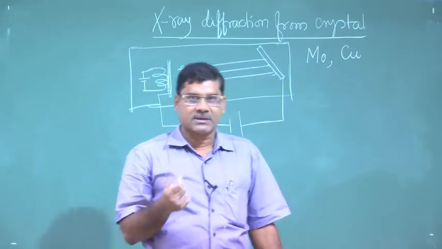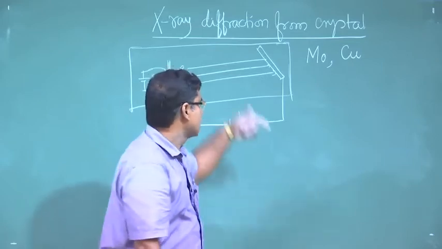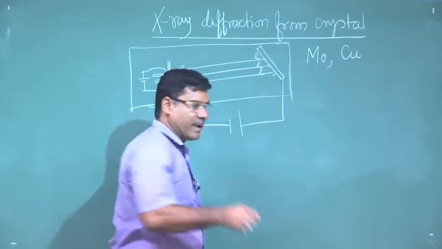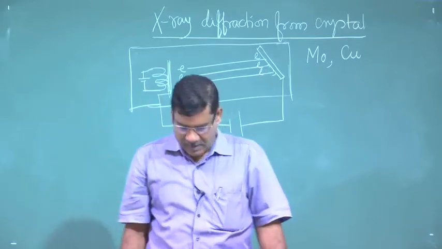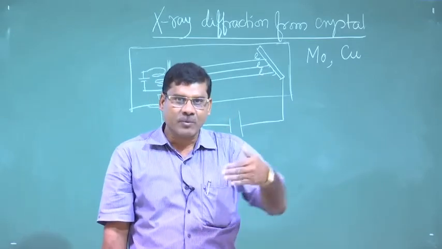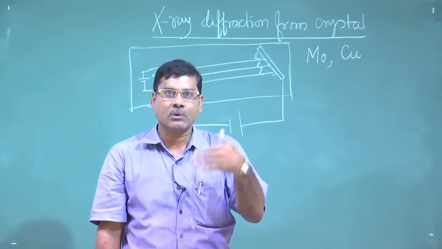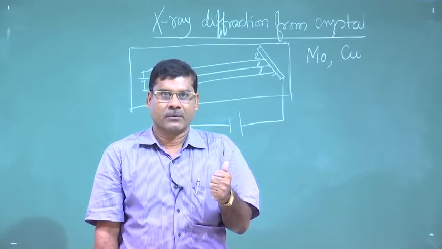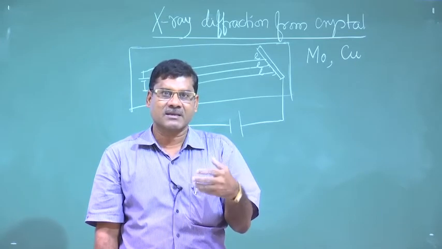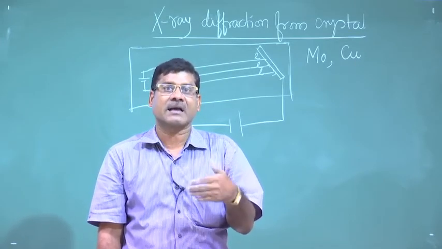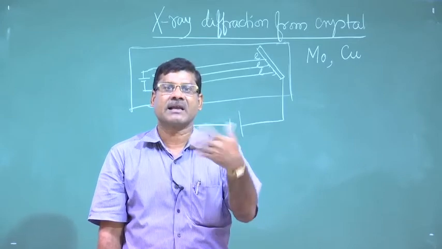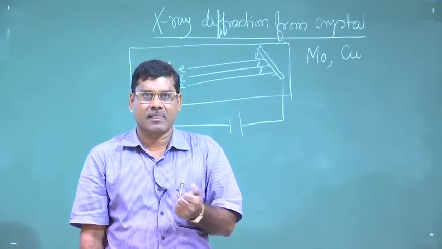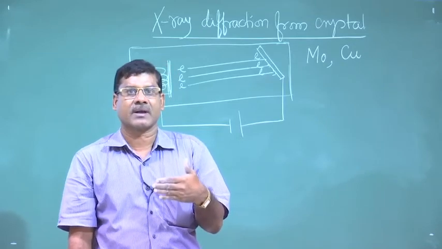So, two things will happen. So, these electrons will penetrate the material and it will be decelerated, it will lose energy, right. So, when any charged particle is accelerated or decelerated, it emits electromagnetic wave, right. So, that is the principle, it emits electromagnetic wave.